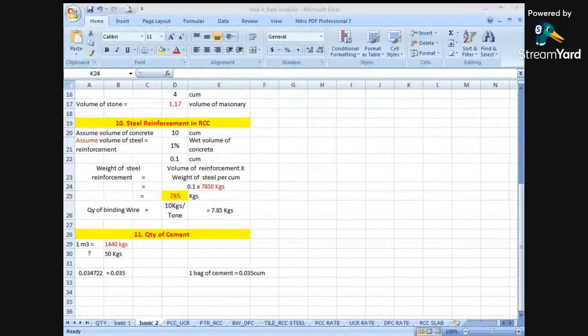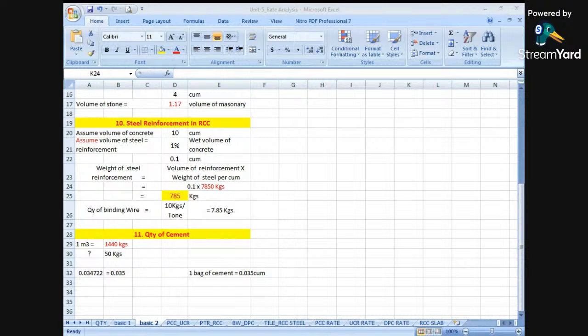So in today's lecture we have covered the basics of what things are considered while finding out the rate analysis, why it is necessary to carry out a rate analysis, and why it is a must to carry out the quantities.